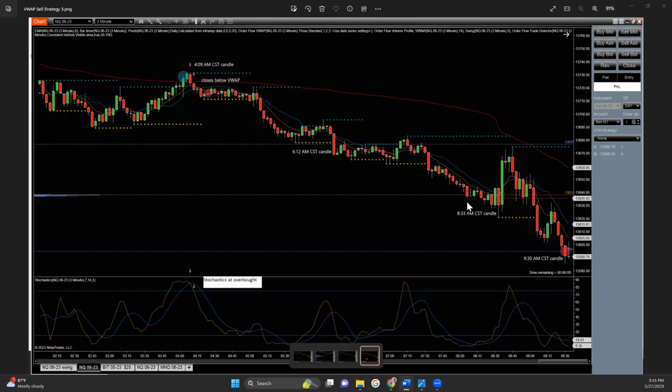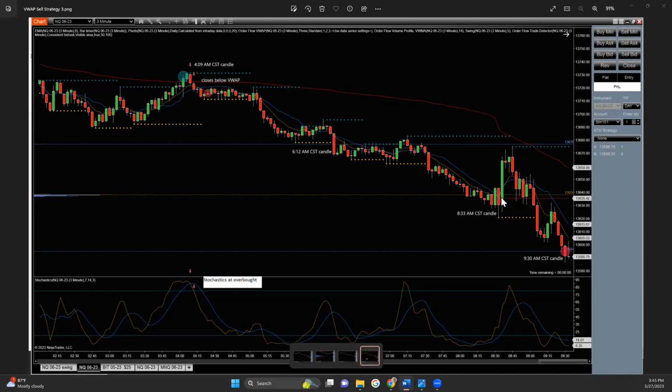$1,600 with two contracts. But remain aware that at the 8:30 a.m. Central Standard Time opening of the US market, it could have been a bit risky remaining in the trade at this point, because at the opening the market begins to fluctuate up and down a bit.